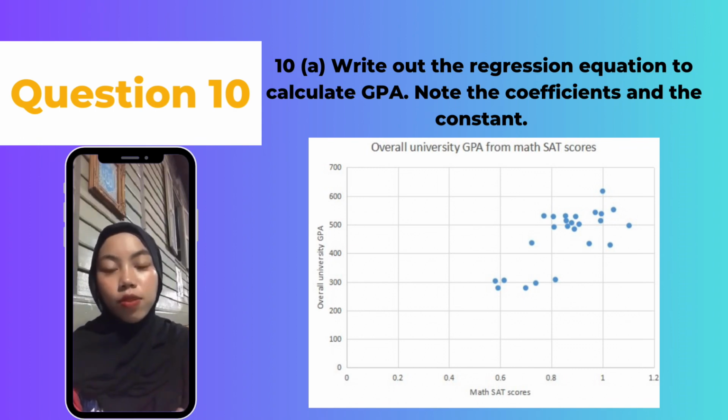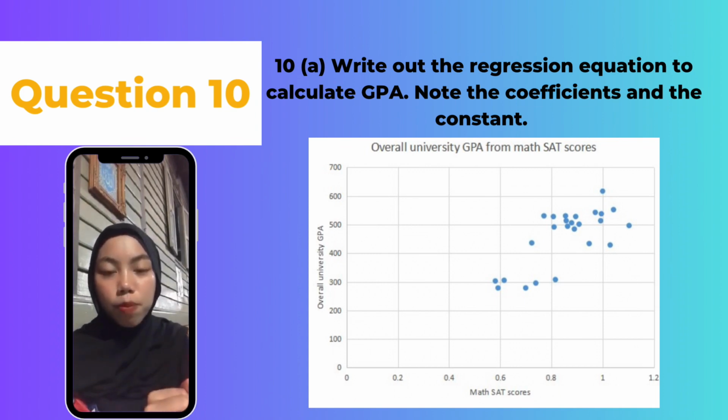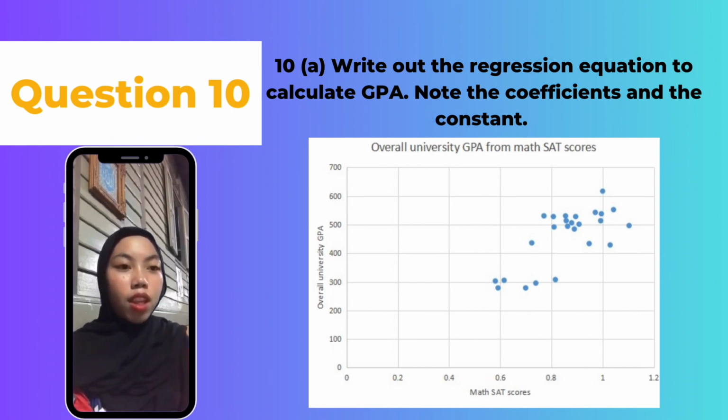Okay, next for question 10. 10A, write out the regression equation to calculate GPA, not the coefficient and the constant. Okay, first of all, we need to find which one is X and which one is Y to make GPA for overall university GPA from maths SAT score.